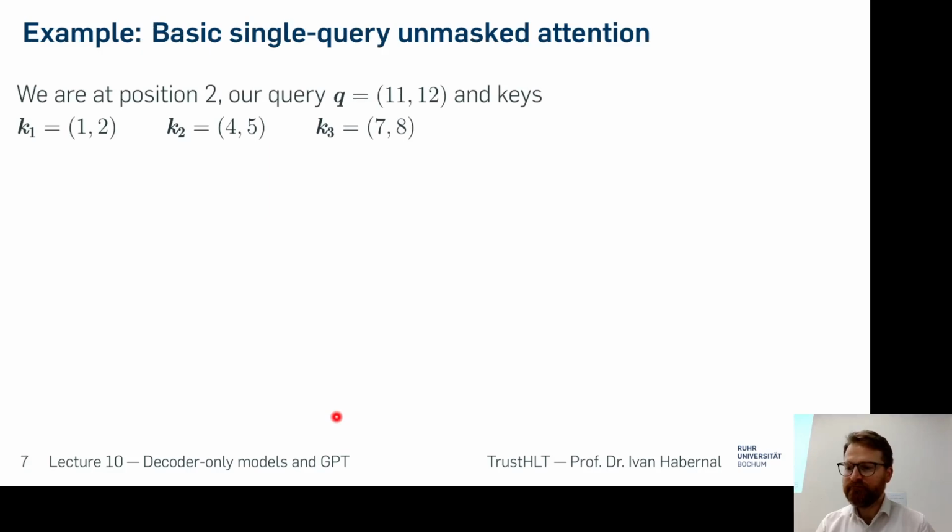Okay, good. Again, okay, so here's an example for a single query unmasked attention. So let's say we are at position 2. So the token is at position 2, and we have 3 contexts. So our context window is now just 3 tokens.